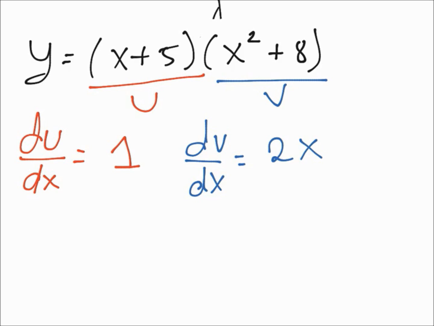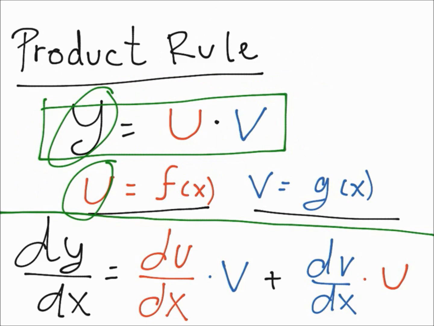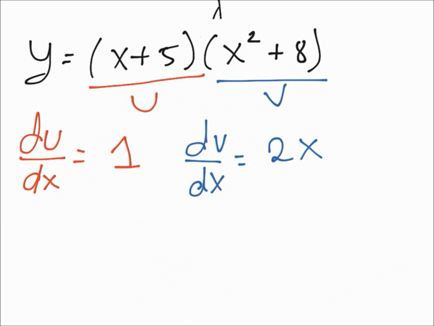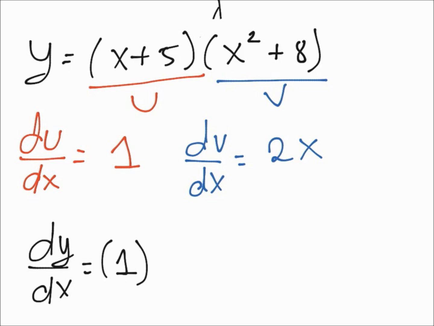So all you do is plug in the values you have into the equation. So du over dx times v plus dv over dx times u. So our du over dx is 1. It's going to be 1 times our v.